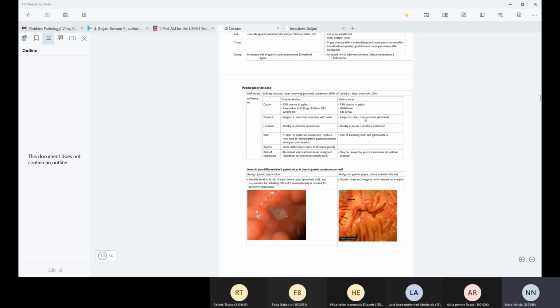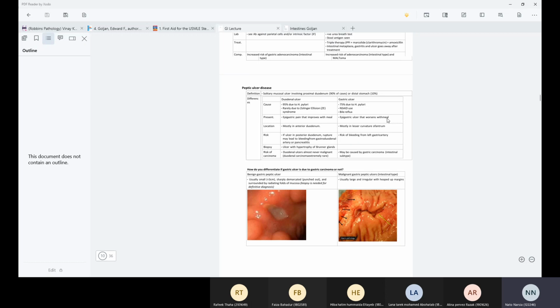Now, what is the meaning? You will see a patient who is slim and one who is fat, okay? And why? Usually those whose pain worsens with meal don't eat, okay, because they have fear of pain, and you will observe weight loss here.